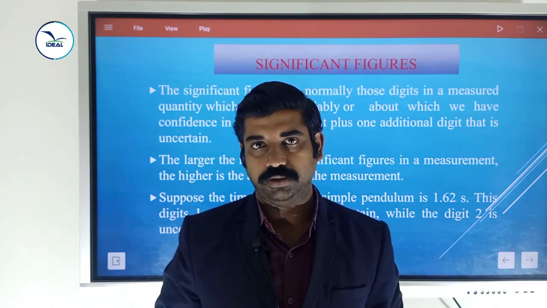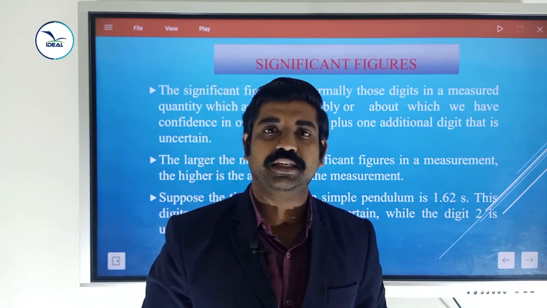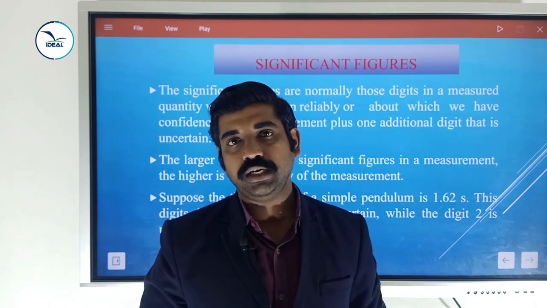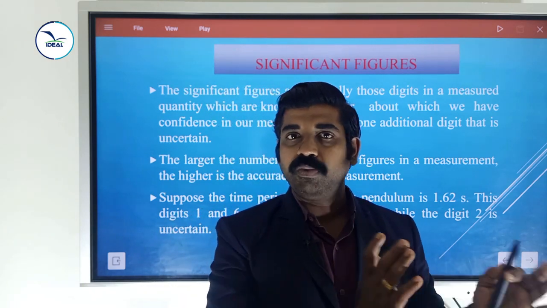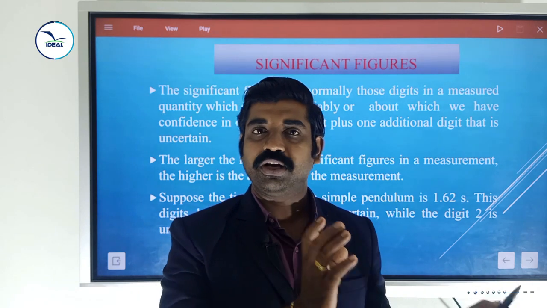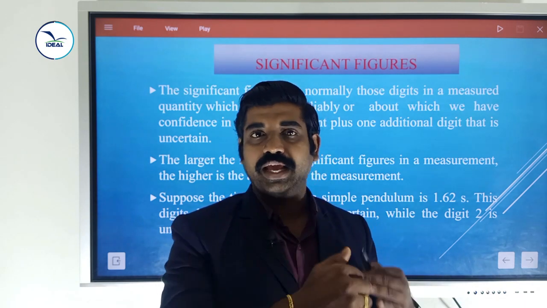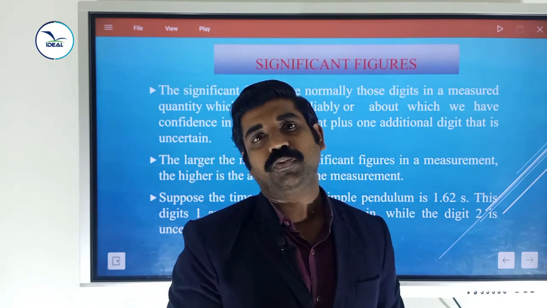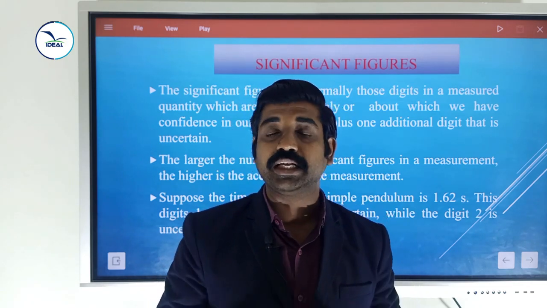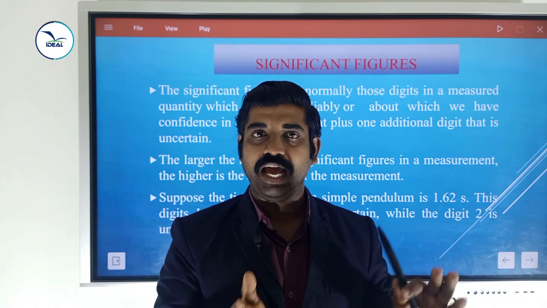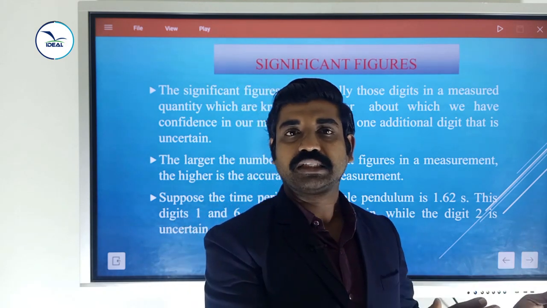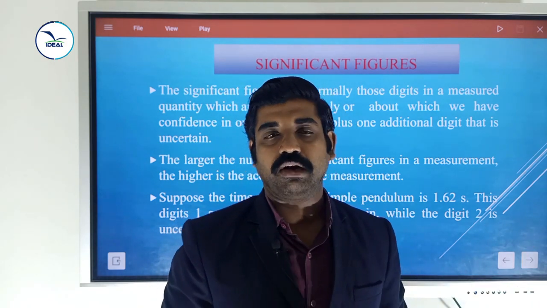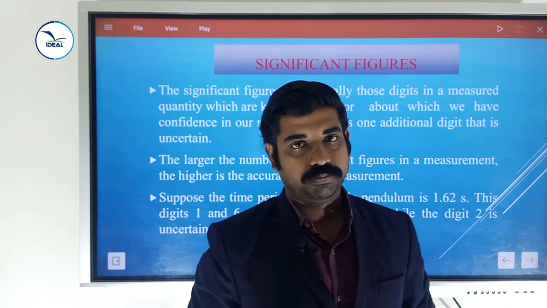That last digit is called the uncertain digit. The reliable value, 26.7, is reliable, while the 6 is not. Including this digit, we consider all of them significant. So the reliable digits plus the last uncertain digit are called significant figures.